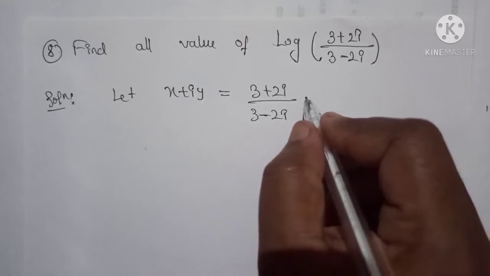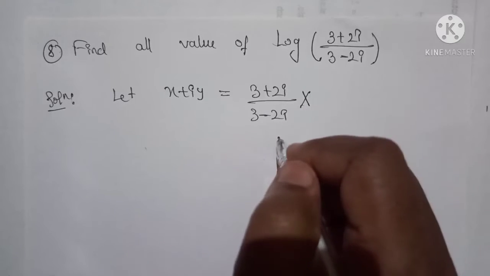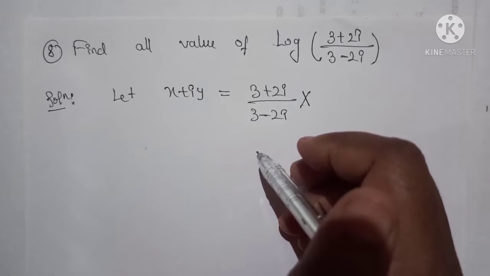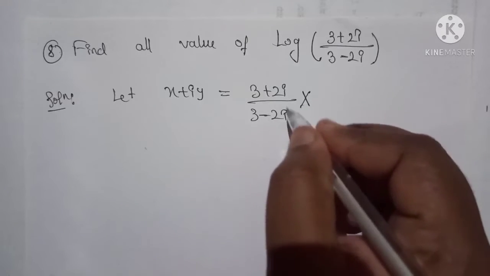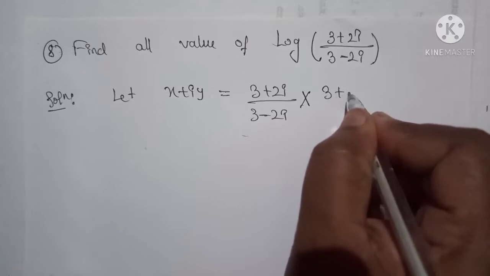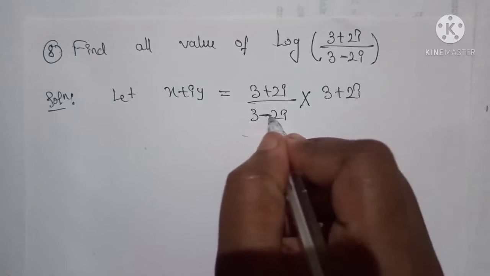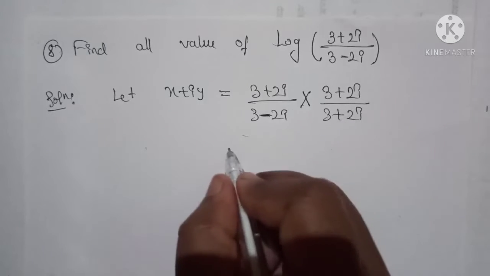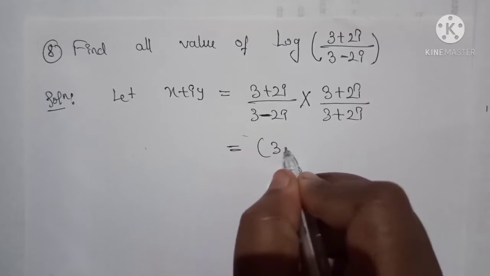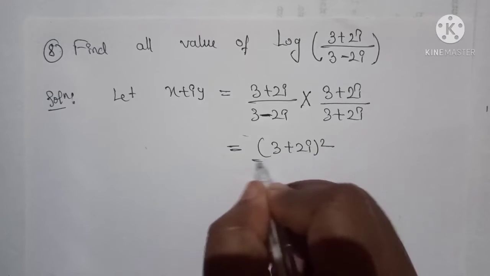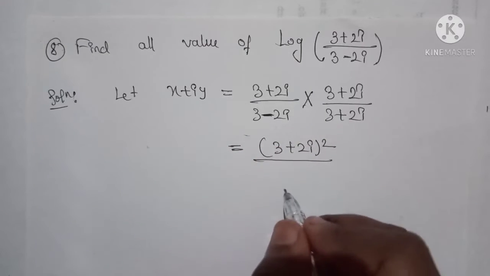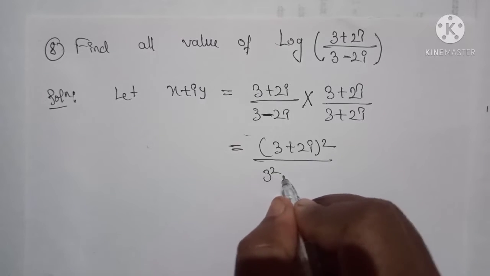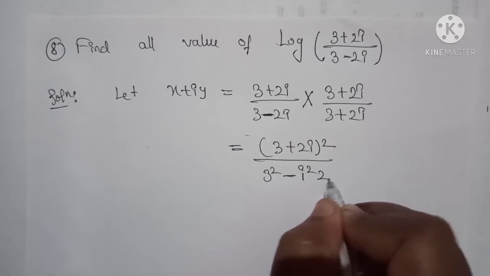In order to separate the real and imaginary parts, we divide and multiply by the conjugate of the denominator. The conjugate of the denominator is 3 plus 2i, so simply you change the sign of the imaginary part. Simplifying this we get (3 plus 2i) whole square divided by the denominator, which takes the form (a plus b)(a minus b), that is 3 square minus i square 2 square.